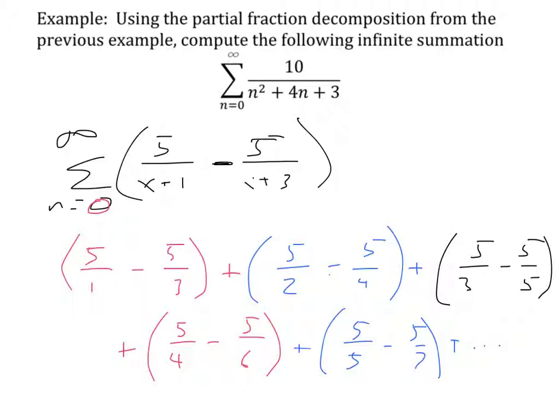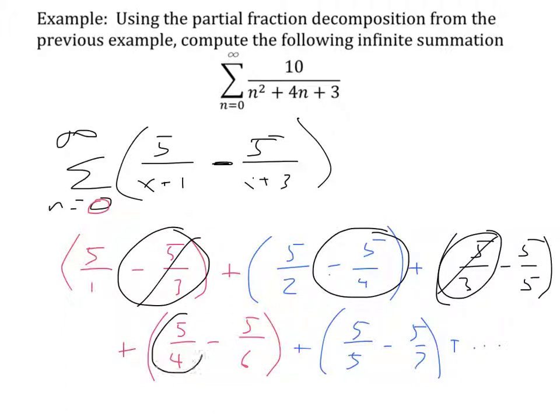What's neat about this is that when I add these things up, look at what happens. I have a negative 5/3 added with a positive 5/3. Those will add up to 0. I have a negative 5/4 and a positive 5/4. Those add up to 0. I have a negative 5/5 and a positive 5/5.